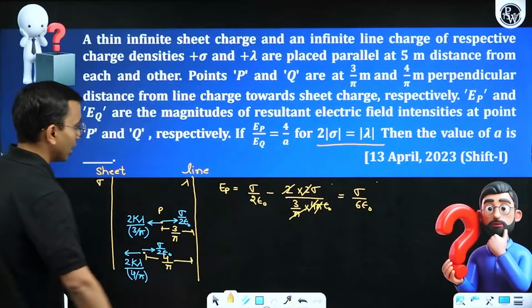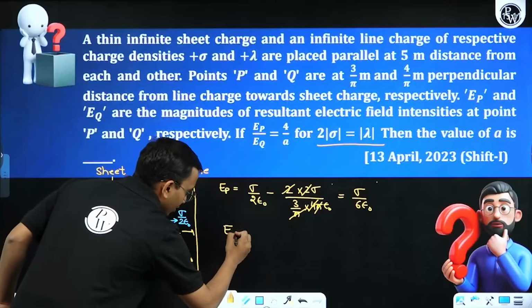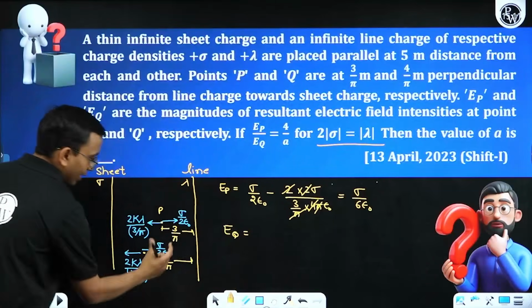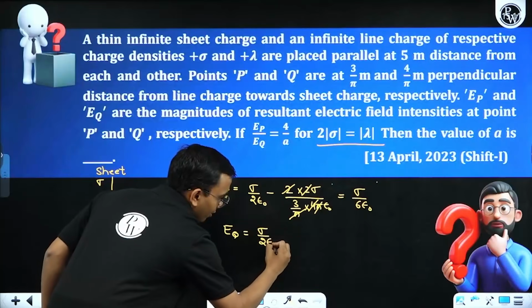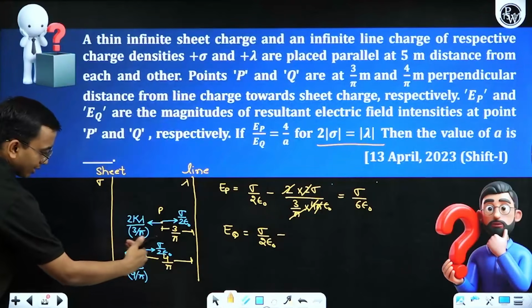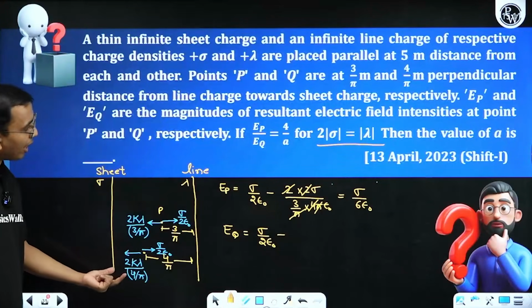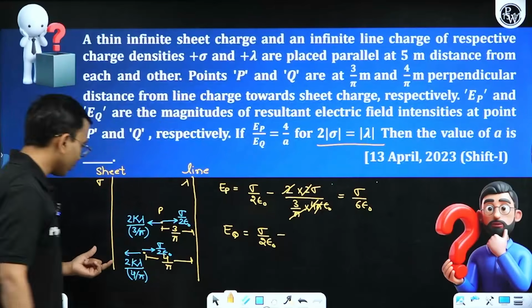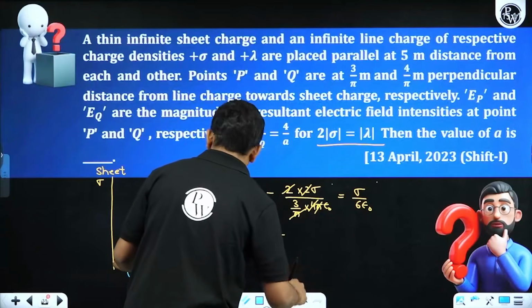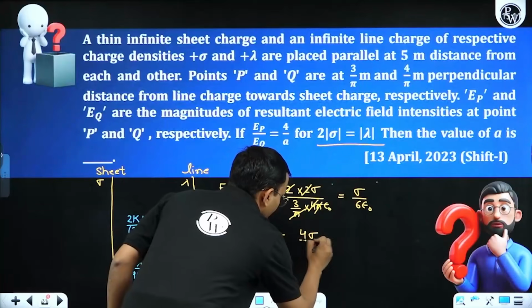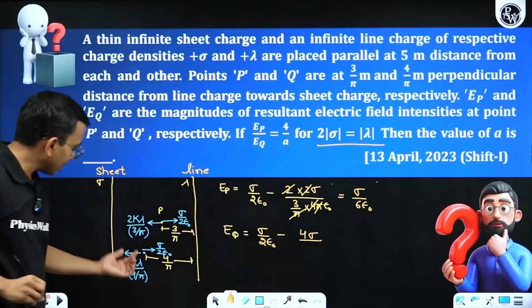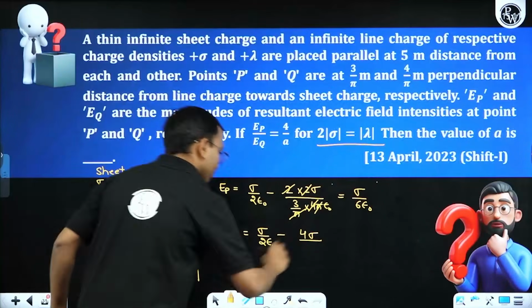That is EP. Now let us write EQ. Again, sigma by 2 epsilon naught minus this, that is 2k lambda by 4 by pi. Again, lambda is 2 sigma, so it will become 4 sigma in the numerator, divided by k is 1 by 4 pi epsilon naught.